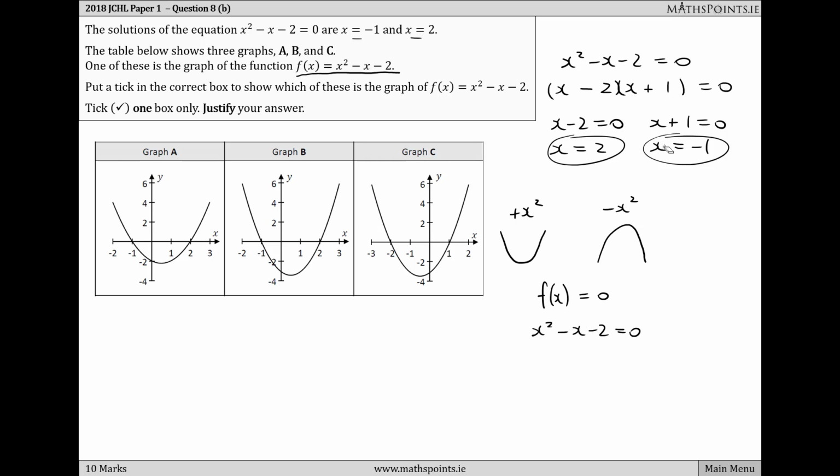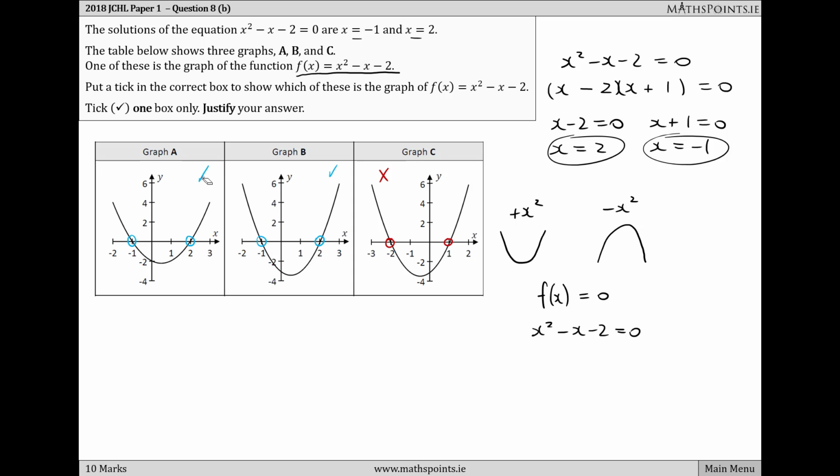That means it could be either graph A or graph B, as they both have roots of minus 1 and 2. So we can discount graph C, which has roots of minus 2 and 1, and they aren't the solutions we were given earlier.